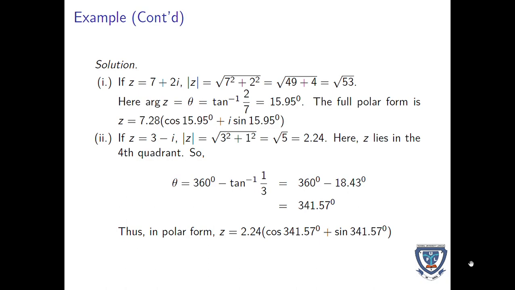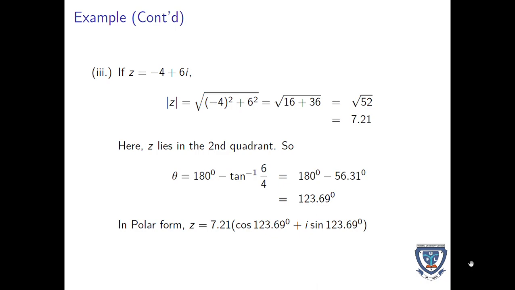So in that case, theta will be 360 degrees minus the arctan of 1 over 3, and you're going to get 341.57 degrees. So the polar form will be written as z equal to 2.24 in brackets cos 341.57 degrees plus i sine 341.57 degrees.